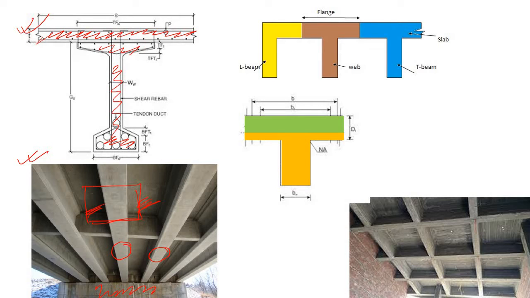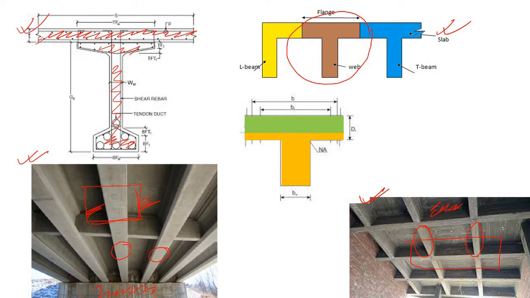This is also applicable for this roof slab, where this is the slab and these are the beams. Again, if you cut any particular section, it looks like this, and any particular middle beam looks like a T-beam.